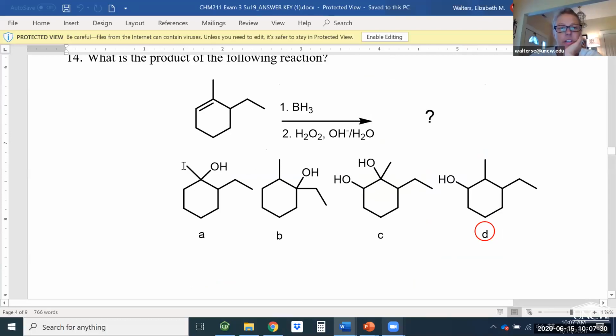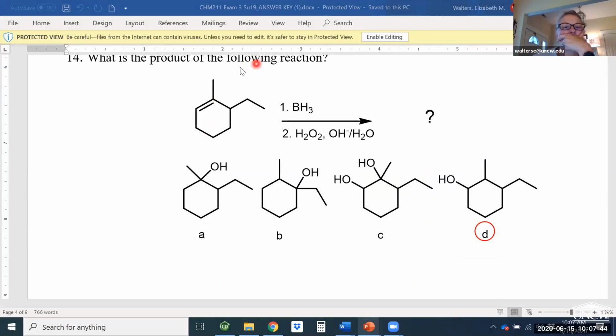I would ignore all of this first, and I would come up here, and again, you have an alkene, and I would highlight or mark my carbons involved. Look at my reaction conditions. It's missing the tetrahydrofuran, but that's not that big of a deal. I mean, there's only one answer to this.